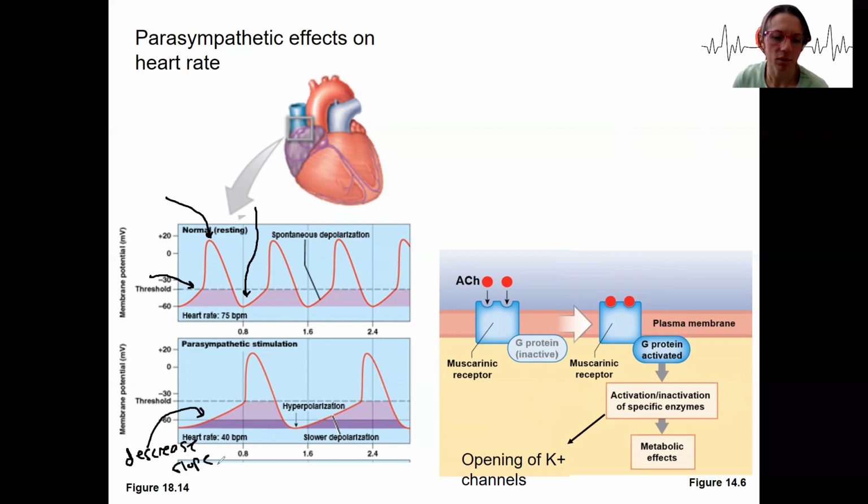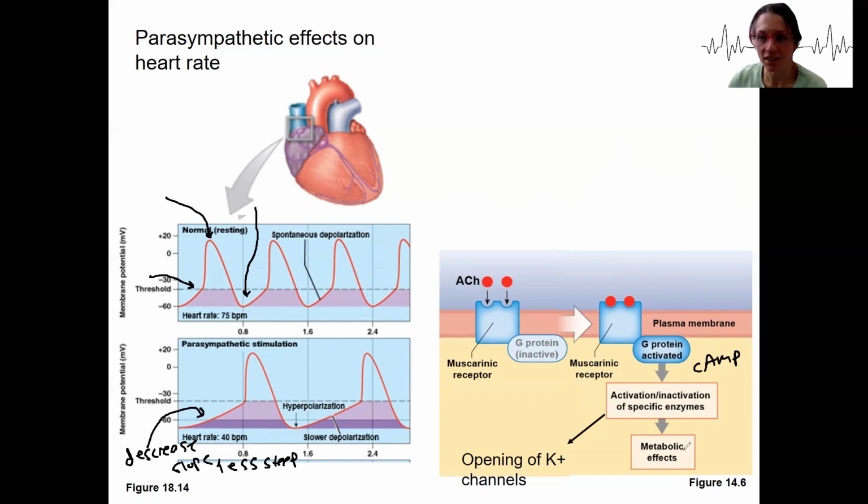Make it less steep. It's going to do that by binding to its receptor. A muscarinic receptor is a G protein coupled receptor. You know already that G protein coupled receptors are going to turn off and on other enzymes through cAMP signaling. Off and on have various metabolic effects.